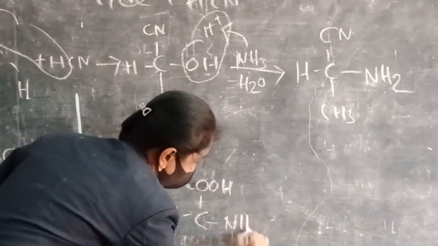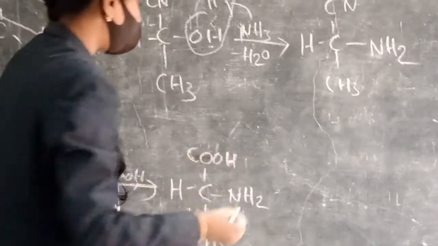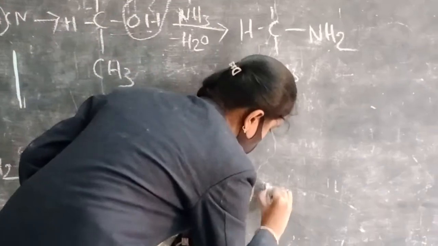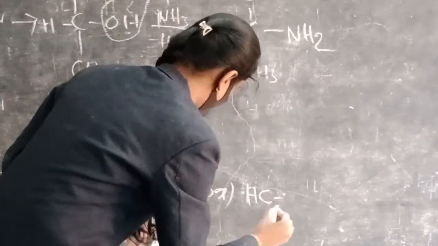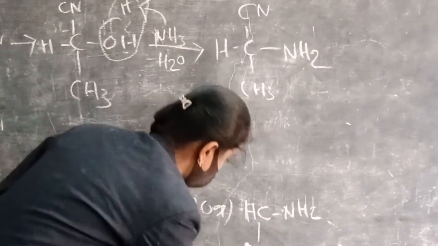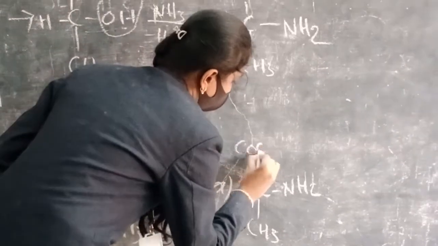NH2 and CH3. It is written in another form as HC, NH2, and here also CH3 and COOH.